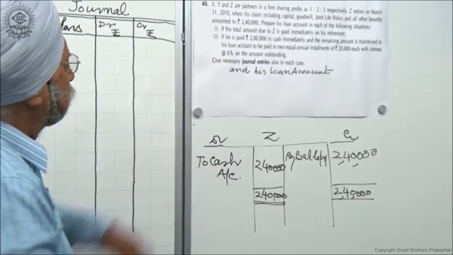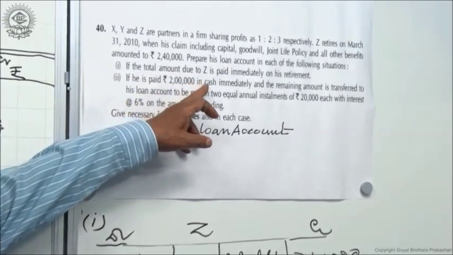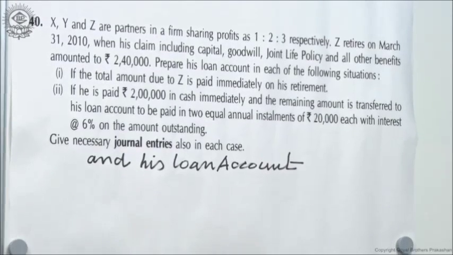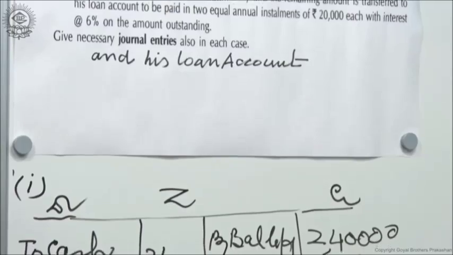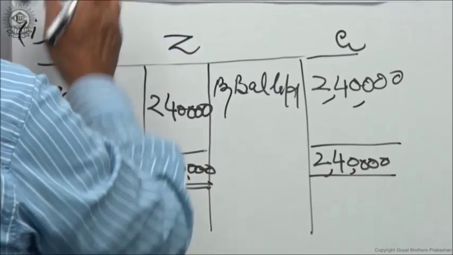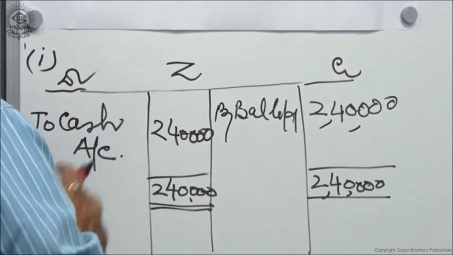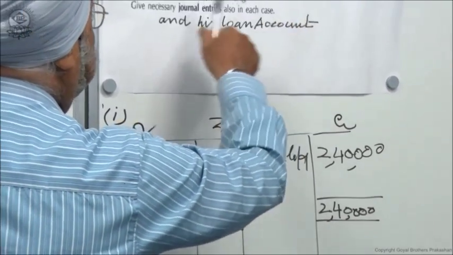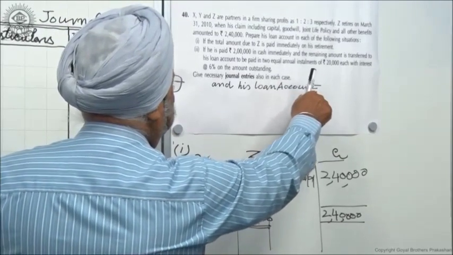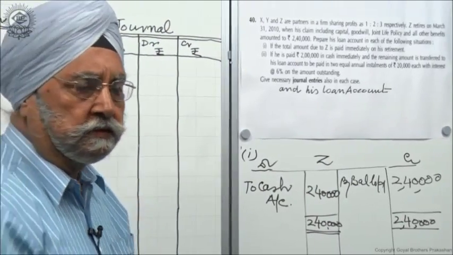In case number 1, if the total amount due to Z is paid immediately, this is the total amount due to Z, it is paid immediately and his account is settled, nothing more is to be paid. In the second case, if he is paid 2 lakhs in cash immediately and the remaining amount is transferred to his loan account to be paid in 2 equal installments of 20,000 each with interest at the rate of 6%, this is something different.